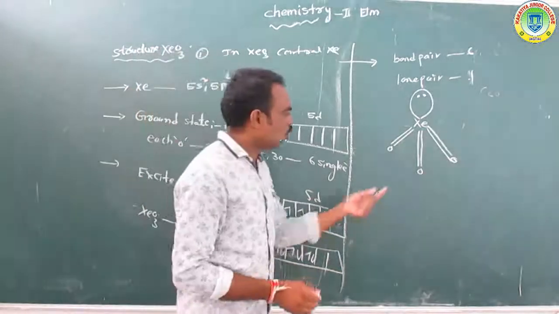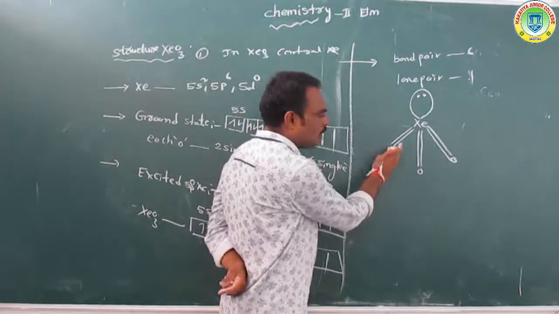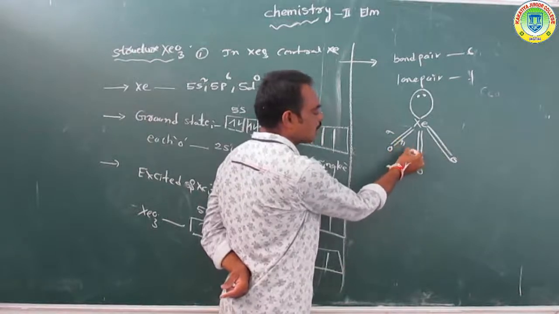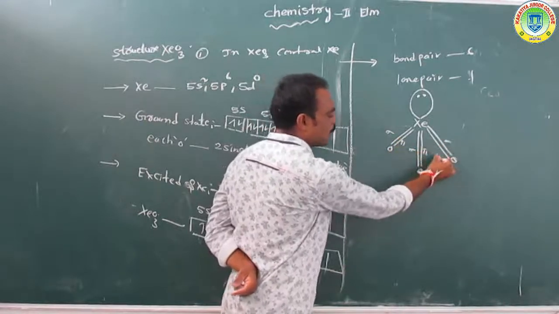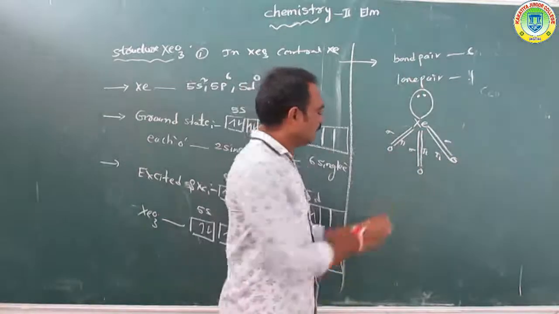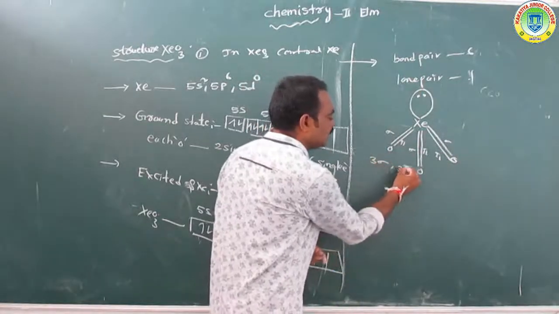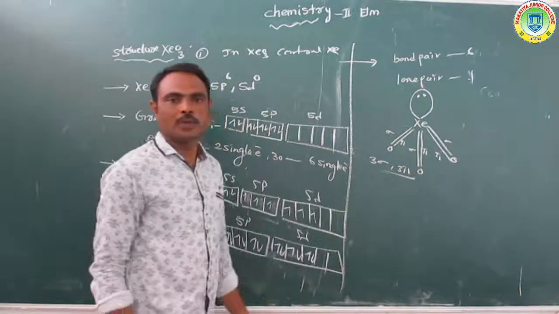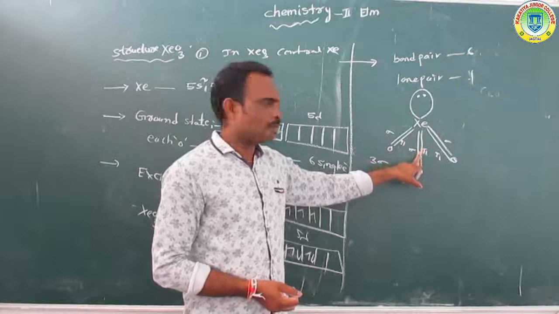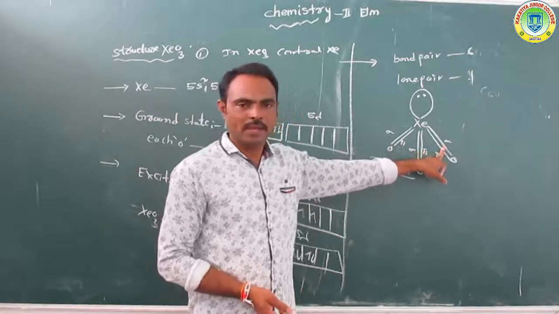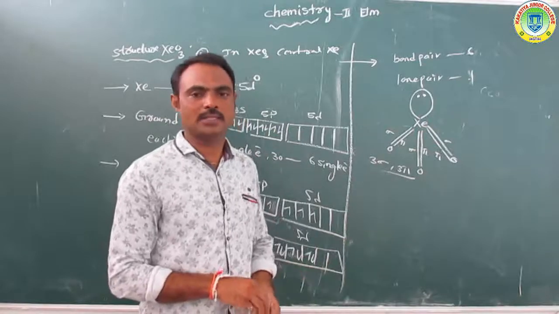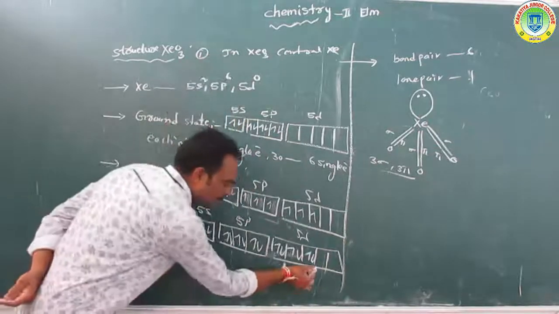Overall: double bond, double bond, double bond, each a sigma bond and a pi bond. That is 6 bonds: 3 sigma bonds and 3 pi bonds. These 3 are pi bonds and these 3 are sigma bonds.